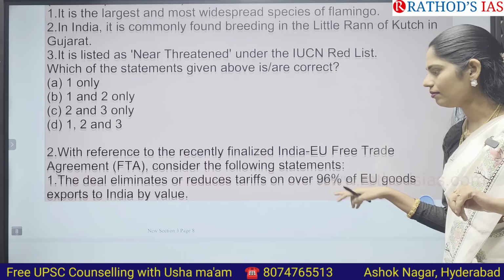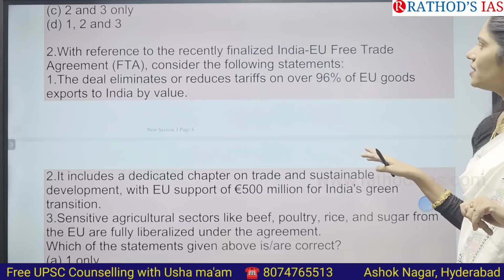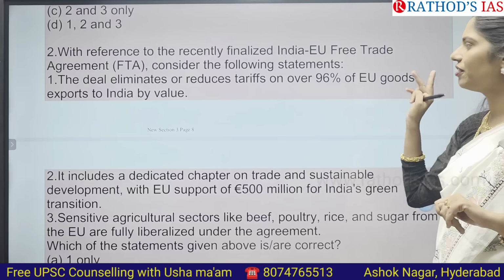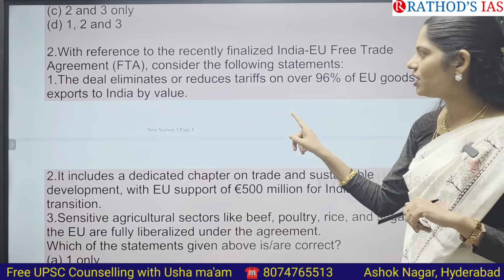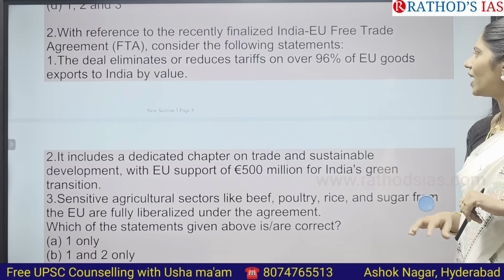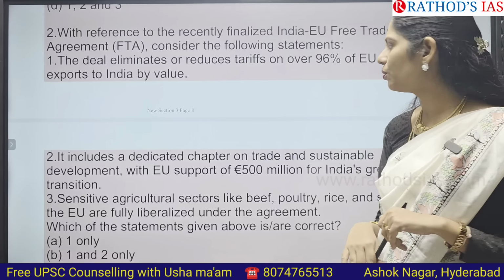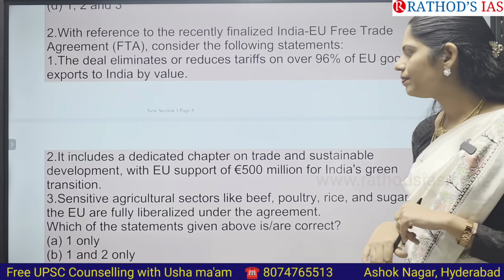Okay. And next question is, with reference to recently finalized India-European Union Free Trade Agreement, consider the following statements. Okay, first one is, the deal eliminates or reduces tariffs on over 96% of European Union goods exports to India by value.